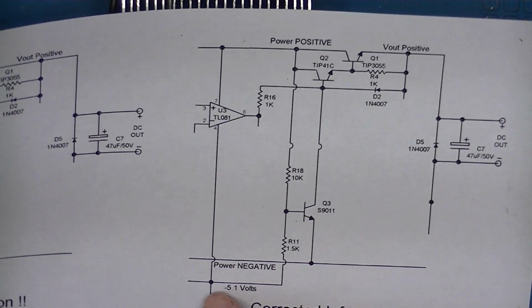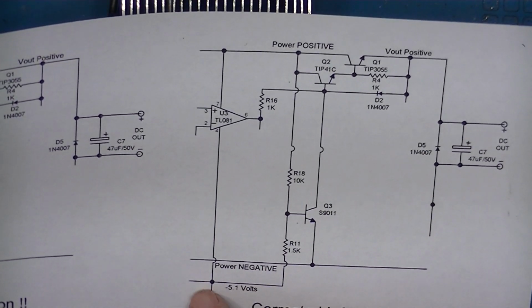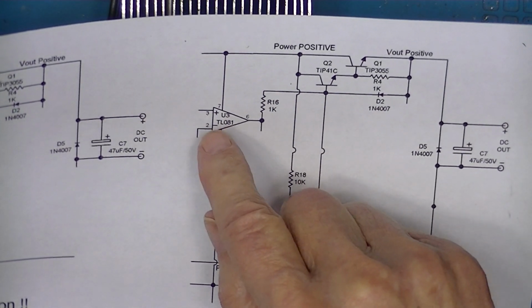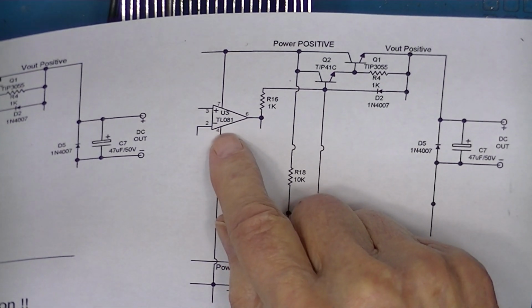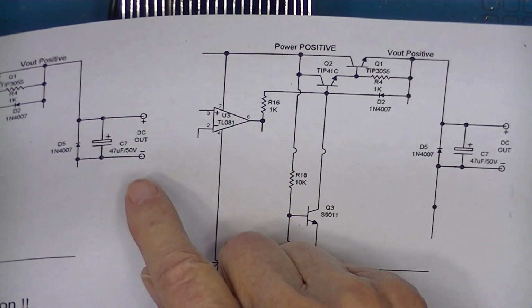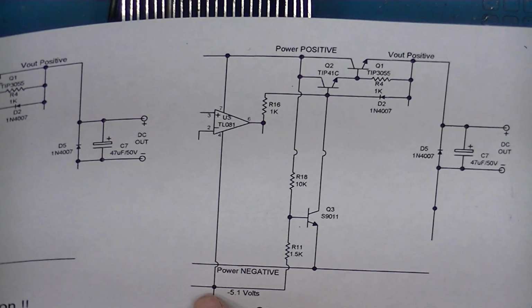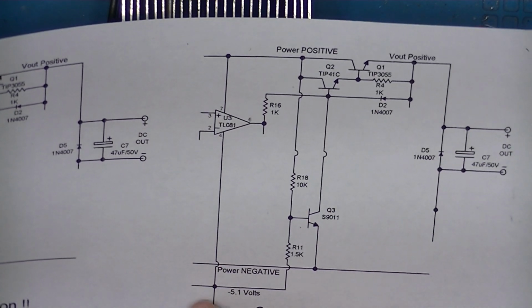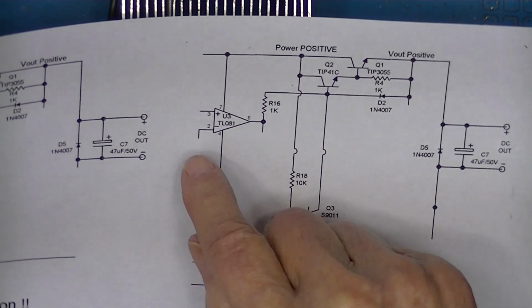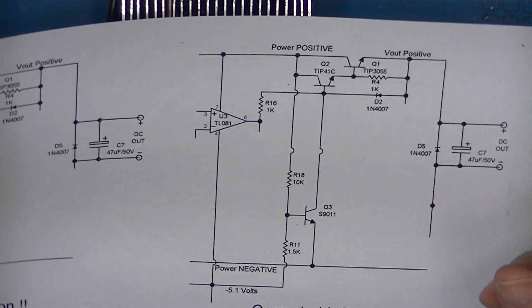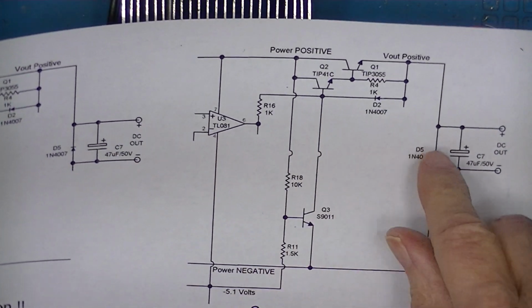The problem is, this minus 5 volt rail powers both of the TL081s. One controls maximum current, the other controls voltage. Without the minus 5 volt supply, both current and output voltage become indeterminate, and probably, in fact, will go to max.